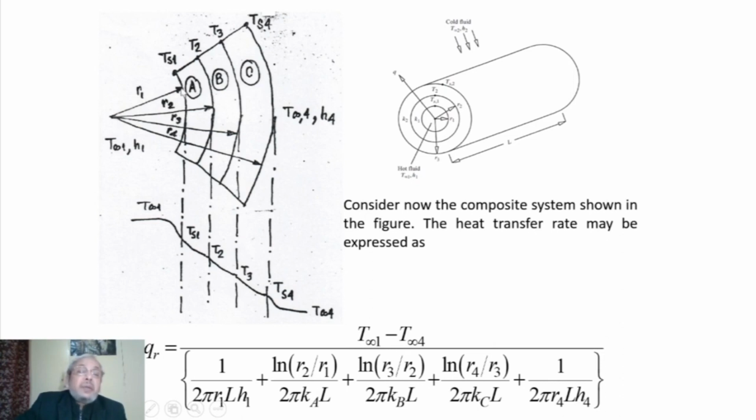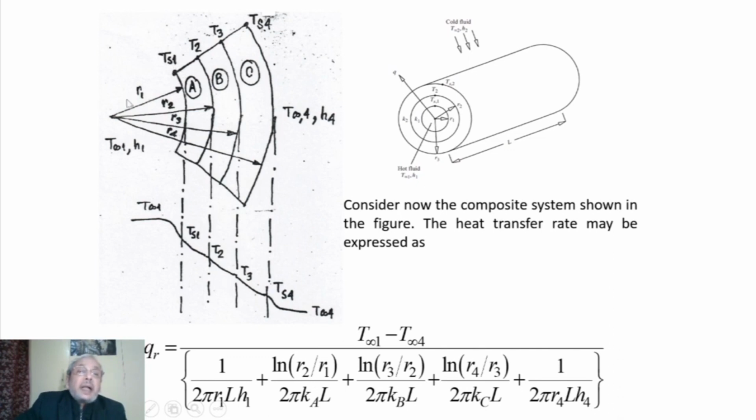So at R equal to R1, the temperature is Ts1, but this hollow space is filled in by maybe a heated liquid which is having temperature T infinity 1, and the film heat transfer coefficient or convective heat transfer coefficient is given by h1.